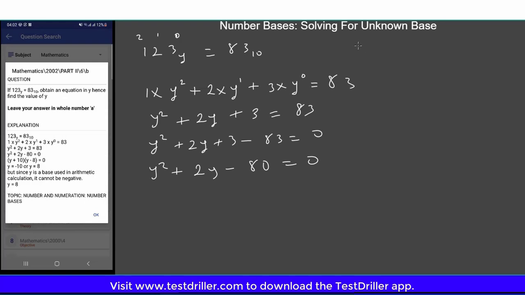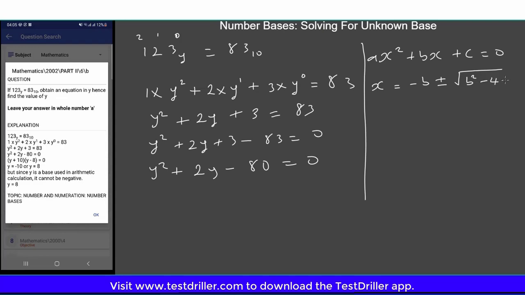So to solve a quadratic equation using formula method, you should note that the general formula is written as: if you have an equation of this kind, ax squared plus bx plus c equals 0, x will be equal to minus b plus or minus square root of b squared minus 4ac, divided by 2a.